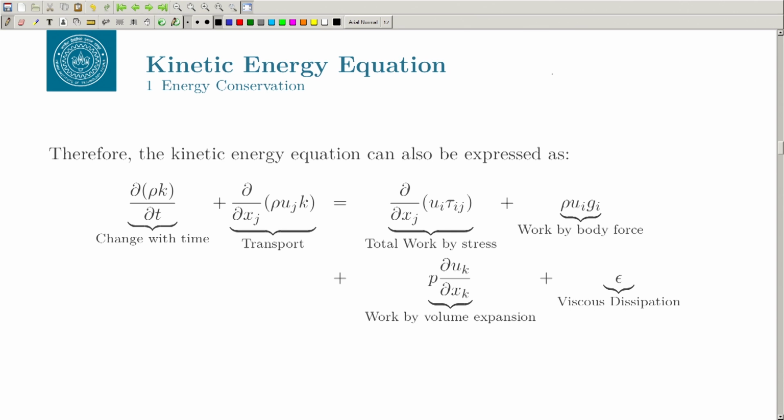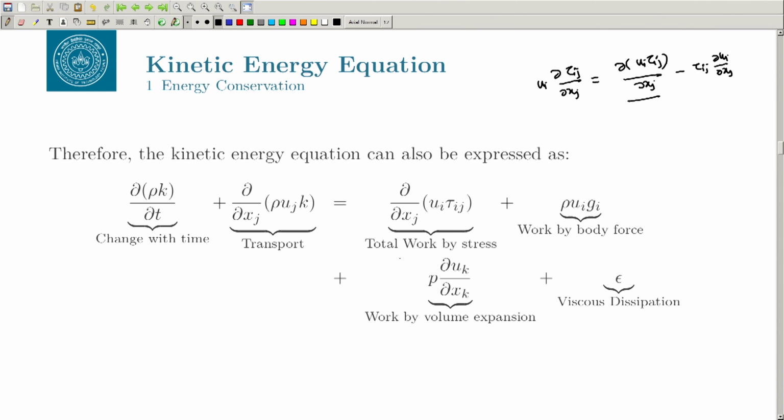So, what we will do, we will exchange u i del tau i j by del x j by del u i tau i j by del x j minus tau i j del u i by del x j.